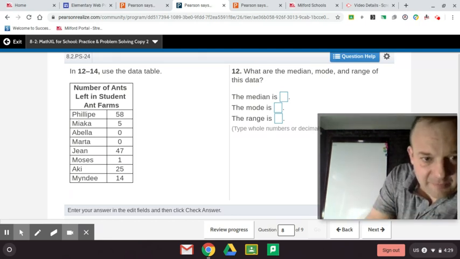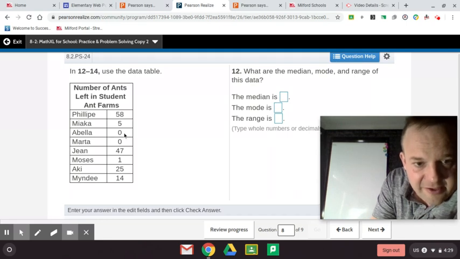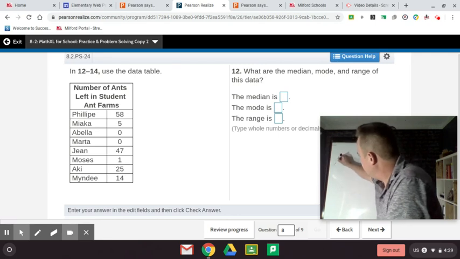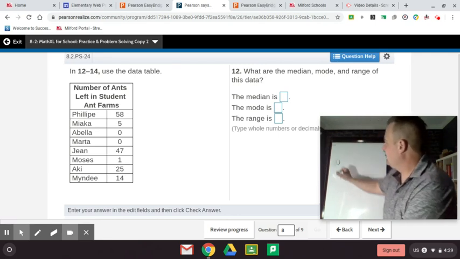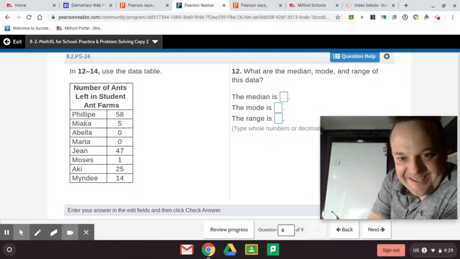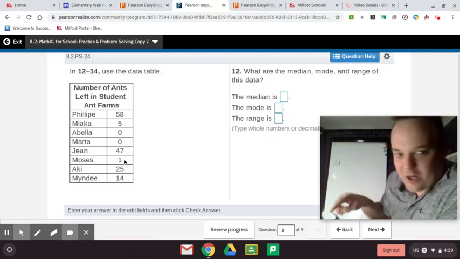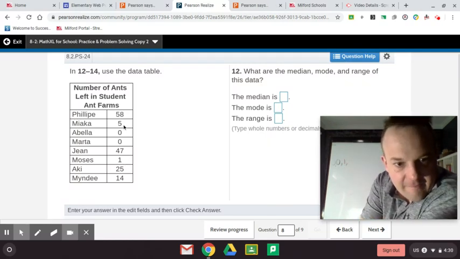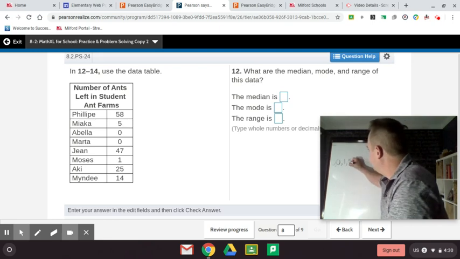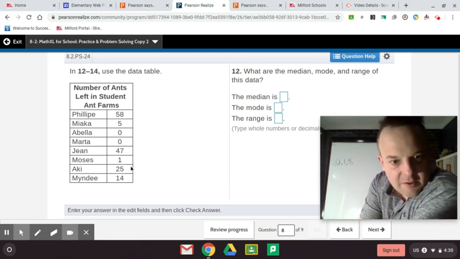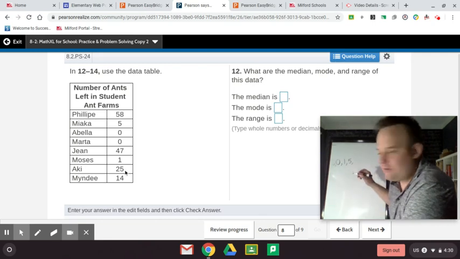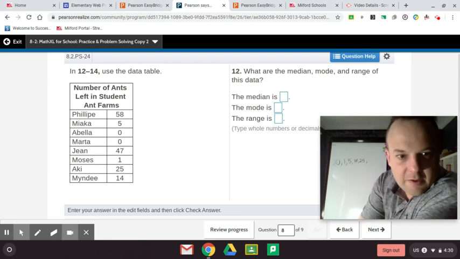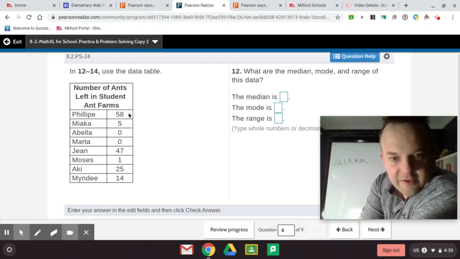So do this in your math notebook. 2 zeros, a 1, a 5, a 14, a 25, a 47, and a 58.